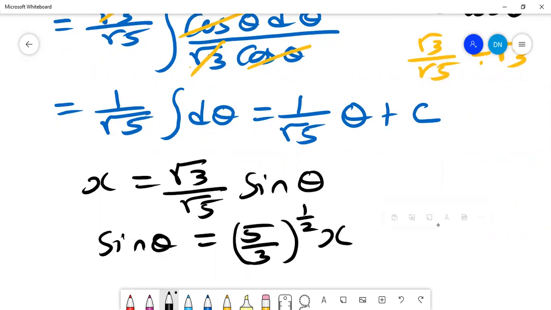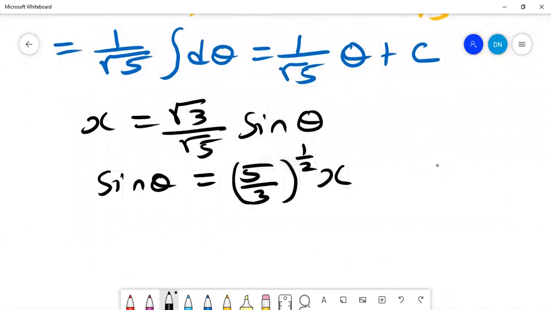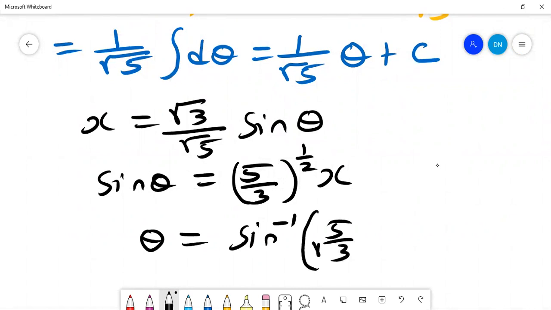And so I want to make theta the subject of the formula. Theta will be the sine inverse of the square root of 5 over 3 times x.